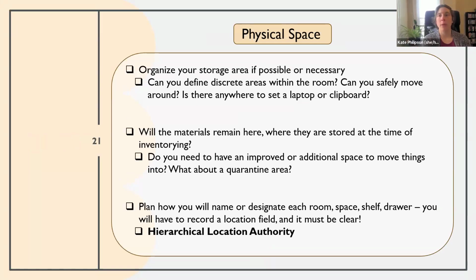I do want to speak again specifically to thinking about the physical space as you inventory. Organizing your collection storage area if possible. I think there are some arguments for and against this, and maybe it's more important to say organize your storage area if necessary.